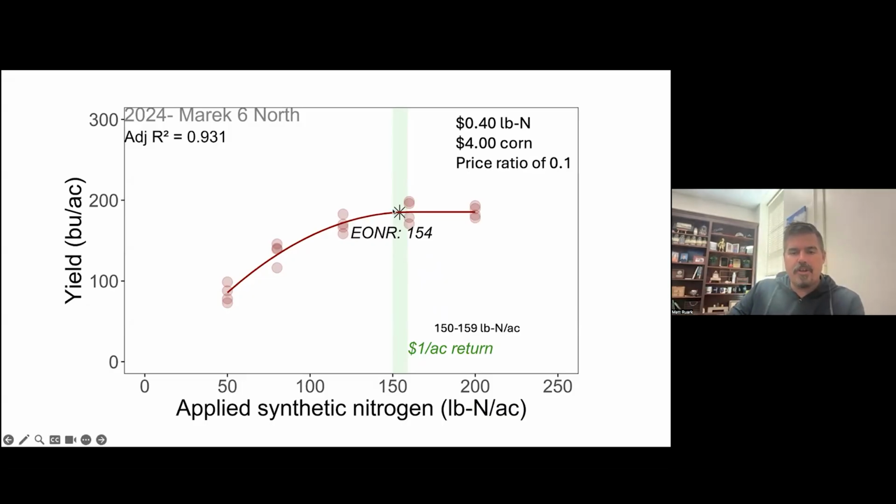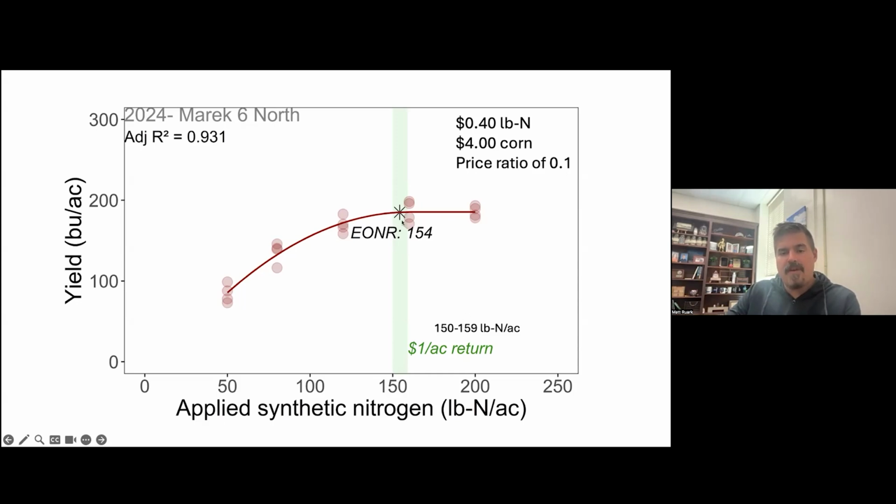If you start at 154 and go down the curve, you can only go 4 pounds less before you aren't maximizing your return within $1, right? That's because then the yield starts going down. So the price of corn is relatively valuable to the price of nitrogen, so you can't really go that far to the left. You can go a little bit further to the right.